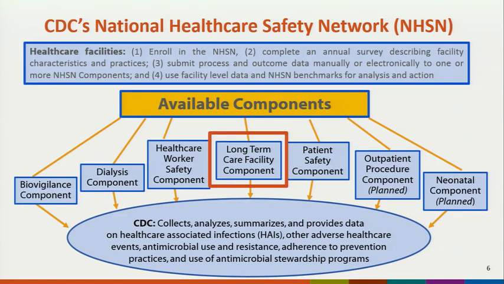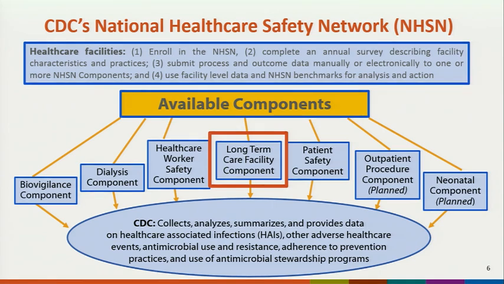I want to point out in the middle that we have 5 components that are currently available for users. The biovigilance component is used by hospitals to report blood transfusion events and safety events, and then we have the dialysis component, which is used for outpatient dialysis facilities. The healthcare worker personnel safety component is used by all healthcare facilities, including long-term care facilities, to track staff safety events such as influenza vaccination among the healthcare workers.